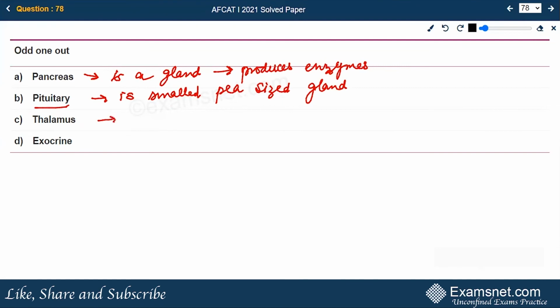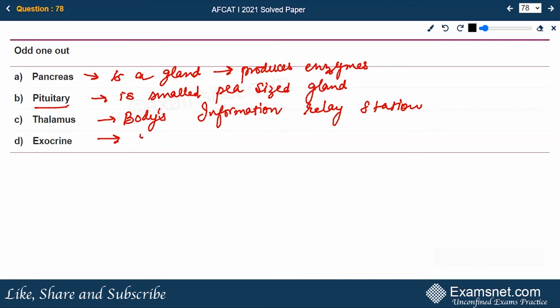Thalamus is our body's information relay station. All the information from body senses except smell is processed by thalamus before being sent to the brain. Next, exocrine.